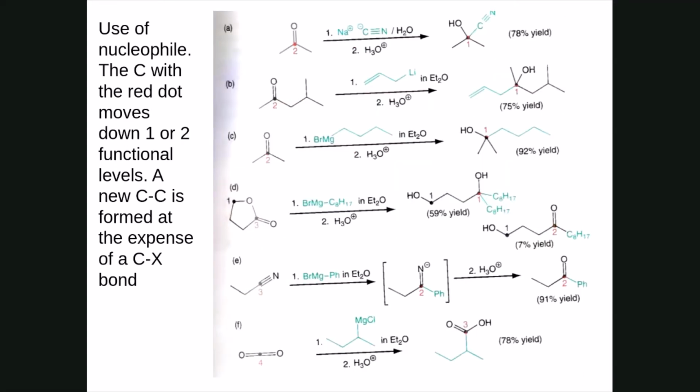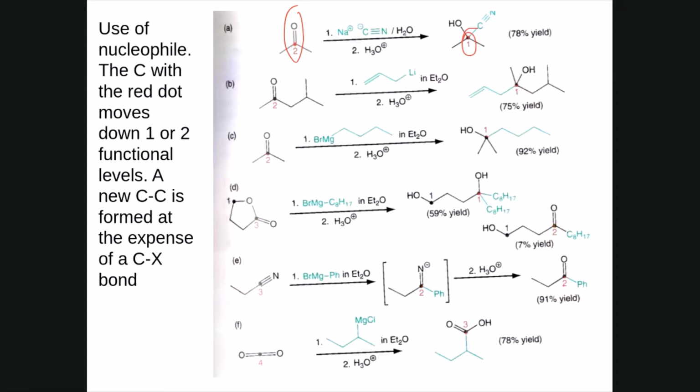In this slide, we have the example of when we are making a new carbon bond. So, for example, in the first example, we use a nucleophile. So here again, we have the carbonyl group. We have a functional group in a level 2 functional level, and we reduce it to a level 1 functional level.